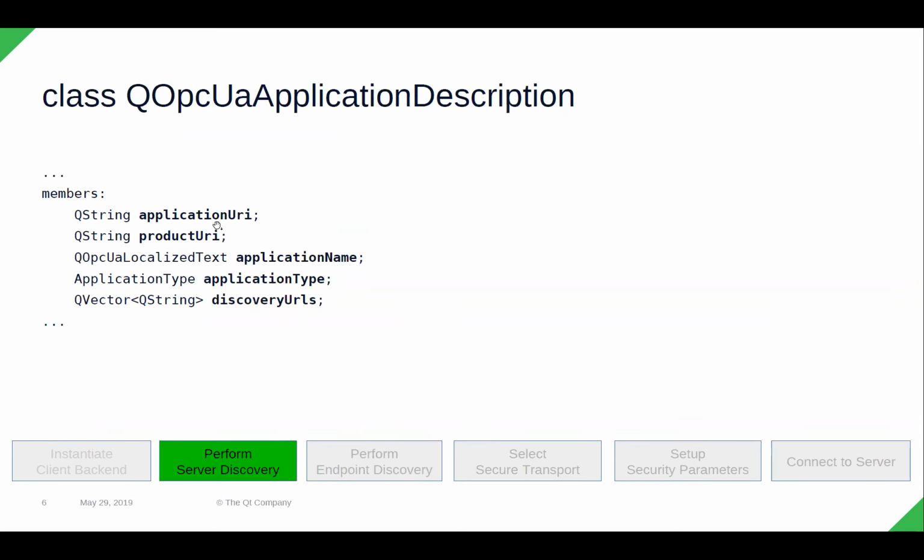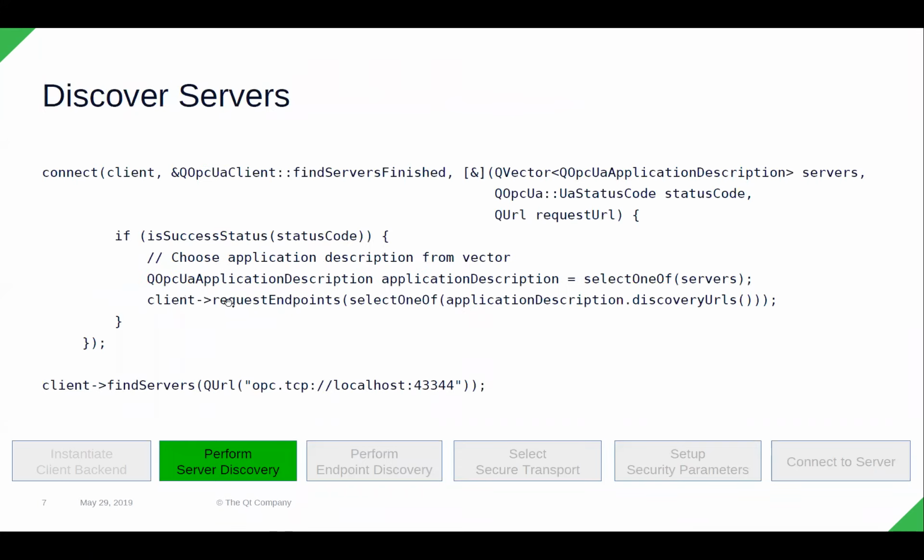The application description you will get contains some information about the server which was found. It has, for example, a name, an application type, resource identifiers, and the discovery URLs, which we then use for the endpoint discovery.